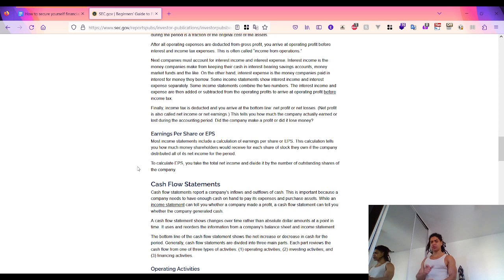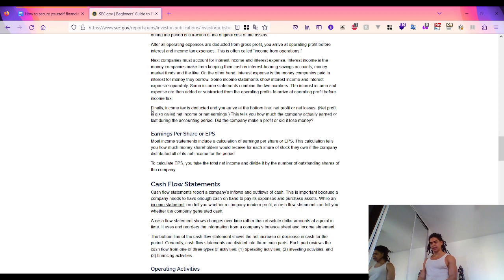Once you subtract or add the interest income and expense from operating profit, or income from operations, you arrive at operating profit before income tax. And finally, income tax is deducted and you arrive at the bottom line.